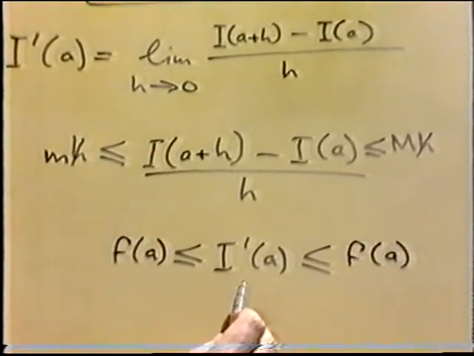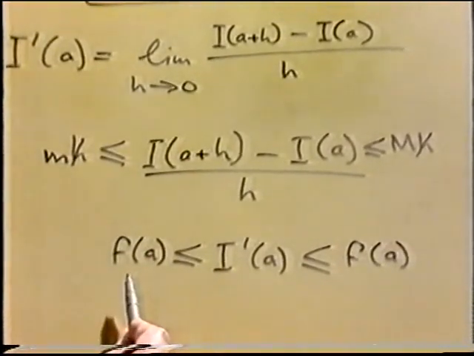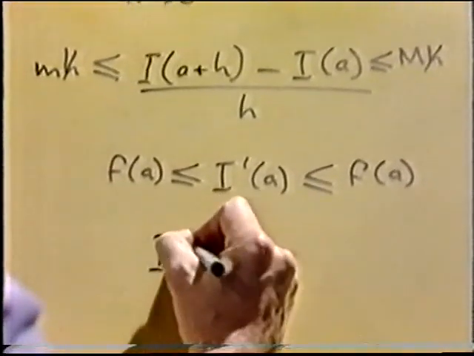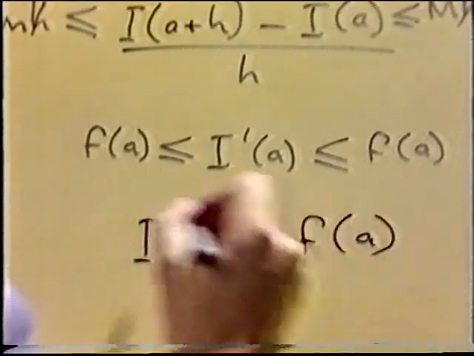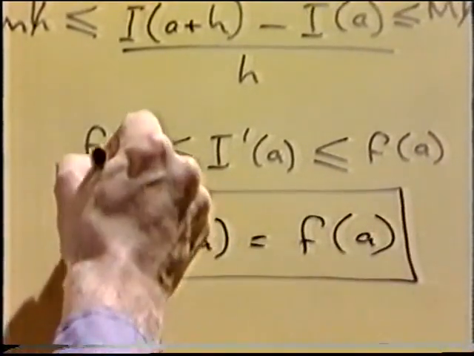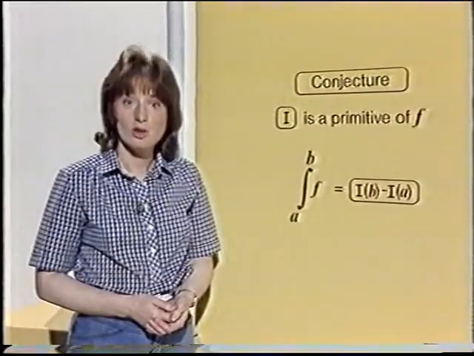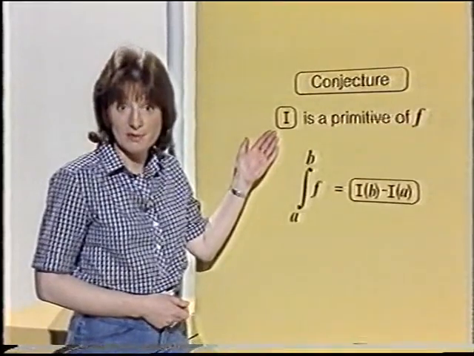So now I prime of a is sandwiched between f of a and f of a. And the only way that can happen is if I prime of a is equal to f of a. So the derivative of I is equal to f, as we wanted. So our integral from 0 function I is a primitive of f.